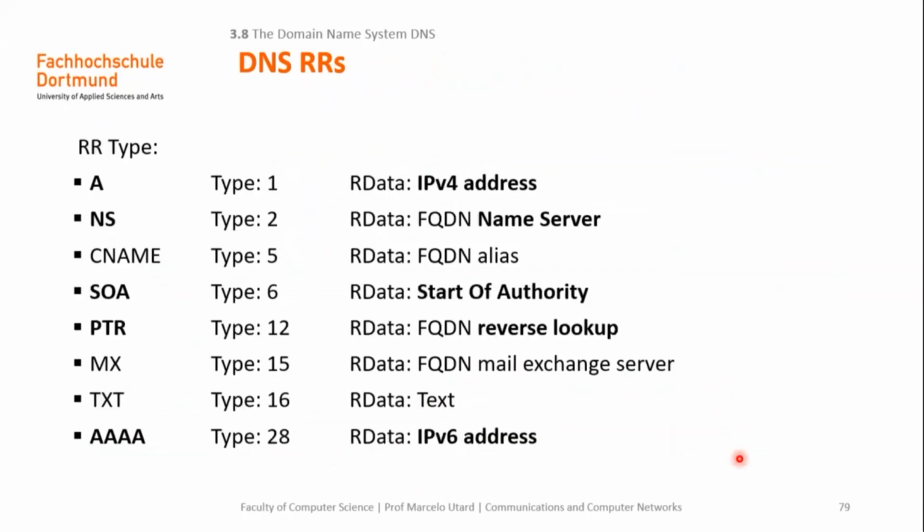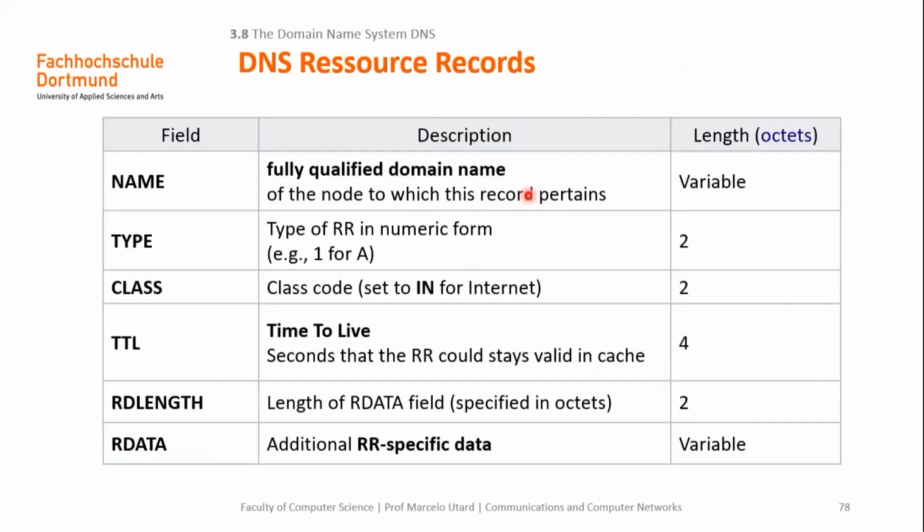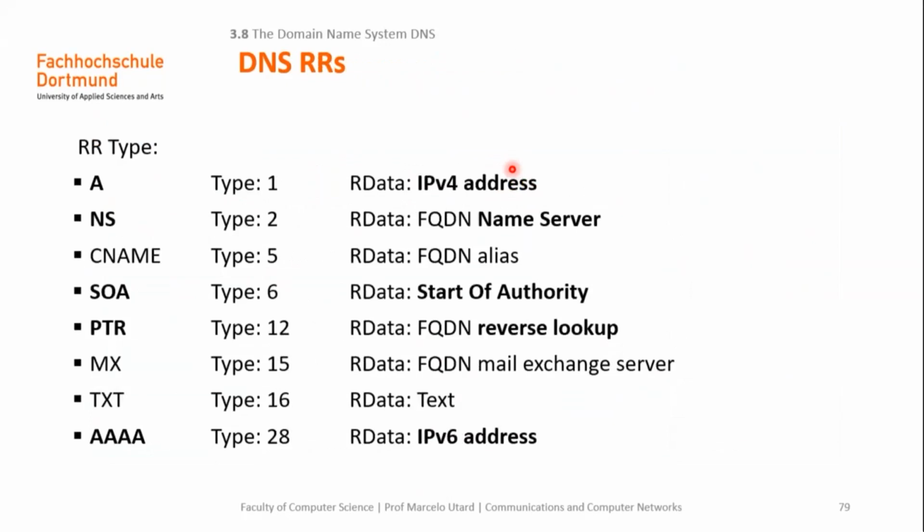Then typically there are different types of RRs. The most important, in fact, is the A record, where the resource data contains the IP version 4 address associated with the fully qualified domain name of the resource record. But there are other types.